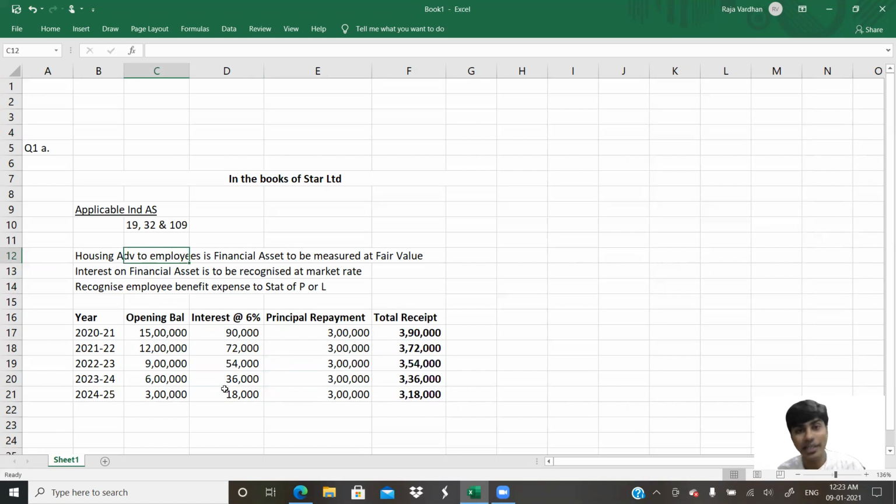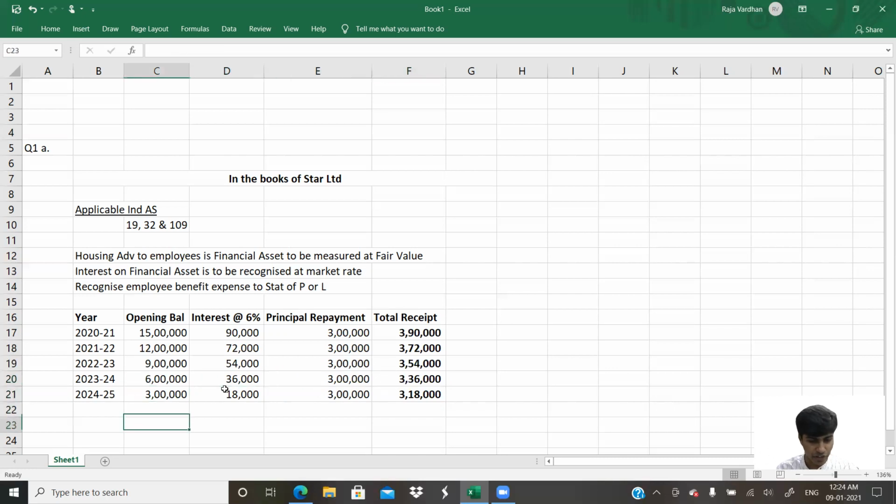The prevailing market rate is 10%. So now these are my future cash flows. I will discount these future cash flows at the market rate of 10% to find the present value of these items. Such present value, discounting the future cash flows at the market rate, becomes my fair value.